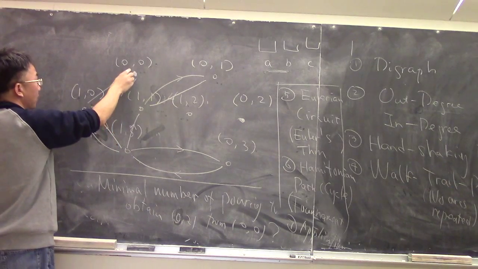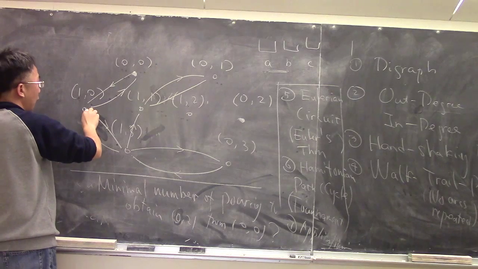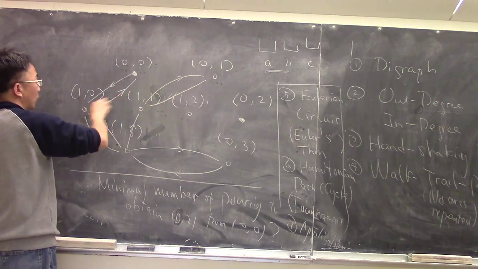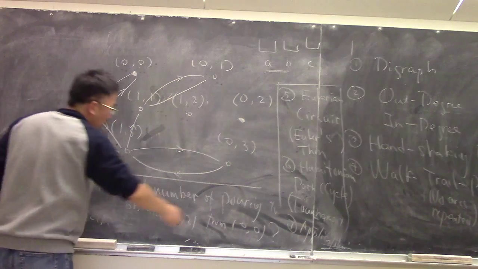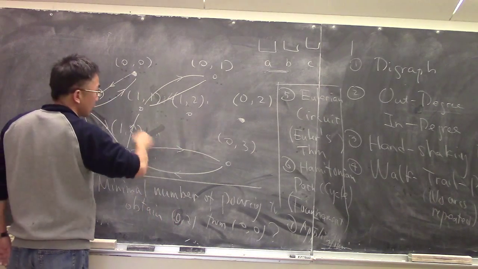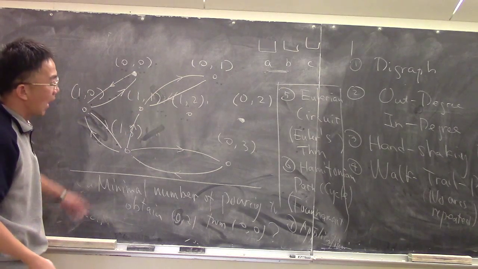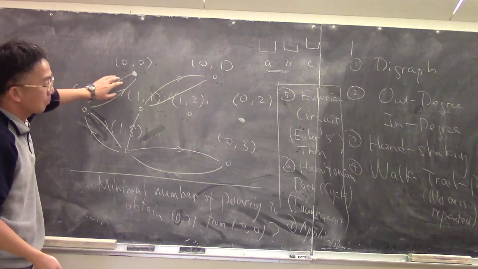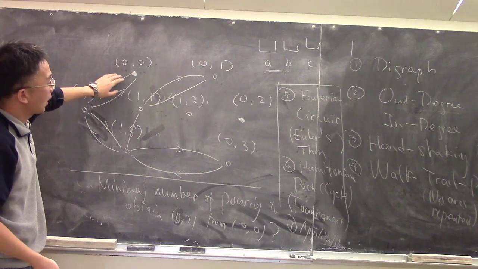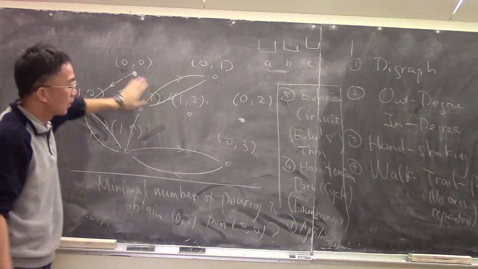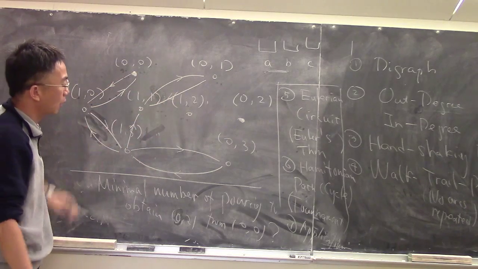So you change from here to here, and if you are able to change from here to here, then you add an arc with direction, right? So now, according to all of these vertices, you will be able to get a directed graph. And now the question asks, sometimes, whether there exists a path from one vertex to another vertex, right? So you can translate that into a graph theory problem, right?